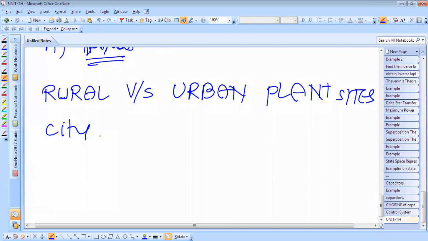Next disadvantage is that union problems are more, and employee relations are not so good. Those are the disadvantages.